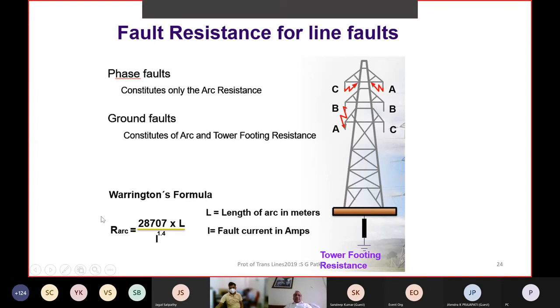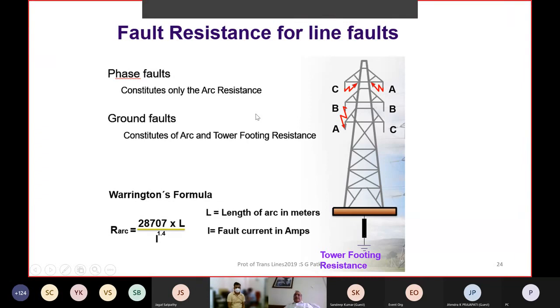This has been in use, and based on this formula, you calculate how much will be the resistance of the arc. You take the tower footing resistance at 10 ohm or maximum 50 ohm, and then calculate the resistive reach for the line. So in the process, what will happen? The X and R value, if it's a short line, the R value becomes much higher than the X value.